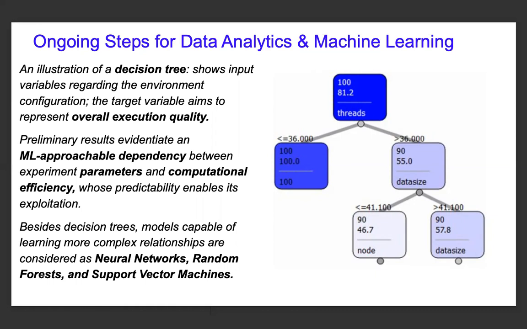Preliminary results show that an ML approach can capture the dependency between experiment parameters and computational efficiency, whose predictability enables its exploitation. We explored the construction of decision trees, but other types of models are capable of learning more complex relationships, based on neural networks, random forests, or support vector machines.